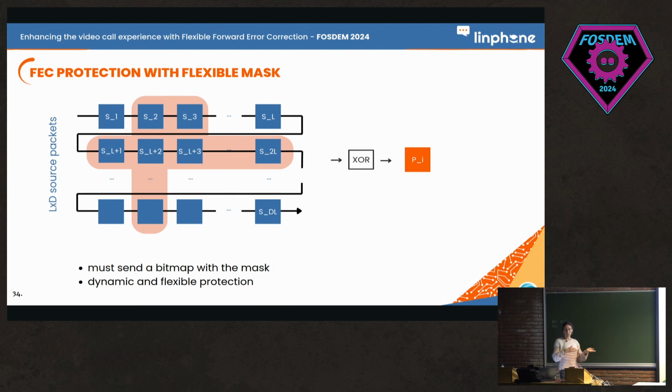It sees the value of D, the value of L, and it adapts the configuration to recover the lost packets. Okay, so you can modify that value dynamically? Yes, you can dynamically modify the protection configuration. And it's very powerful.